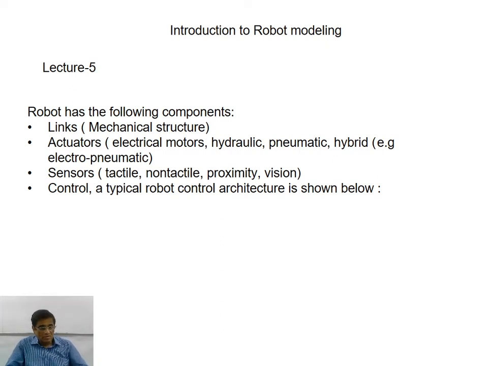Specifically in robot, they are solving forward kinematics, inverse kinematics, planning trajectory, solving forward and inverse dynamics, and also calculating the Jacobian. So all these high level computation and planning will be done in the computer.